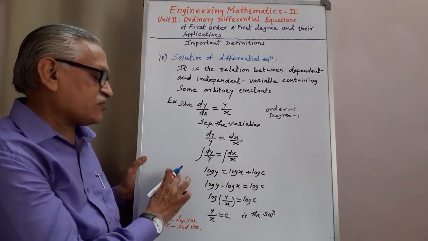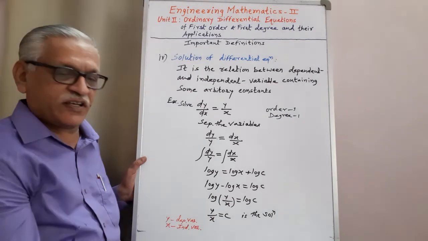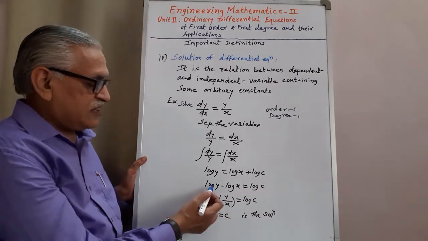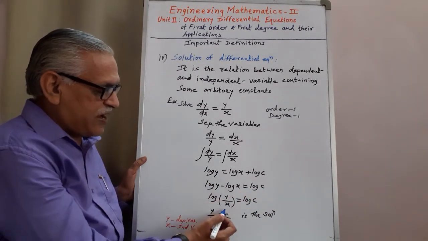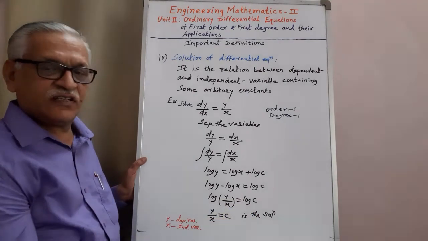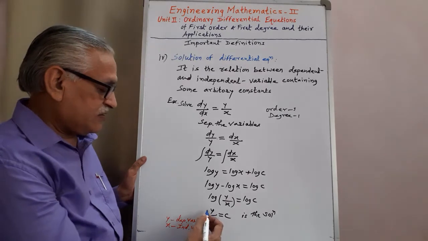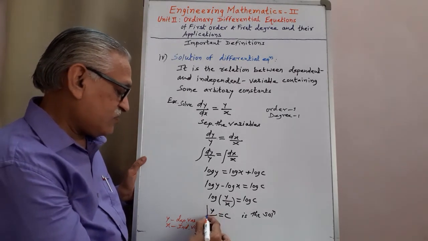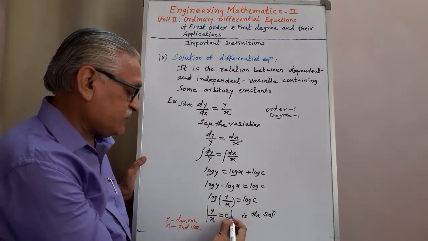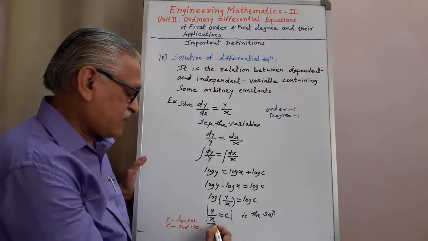Transferring log x to the left side, we get log y minus log x is equal to log c. It is log of y by x is equal to log c. We can cancel log on both sides. We get the solution as y by x is equal to c, which is the required solution.